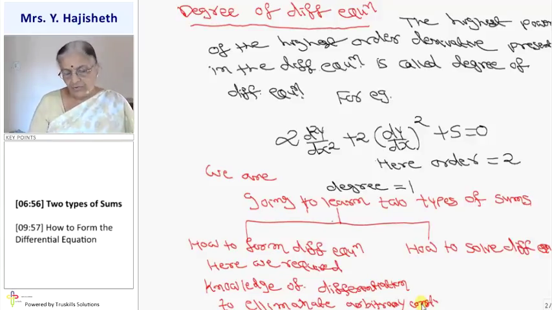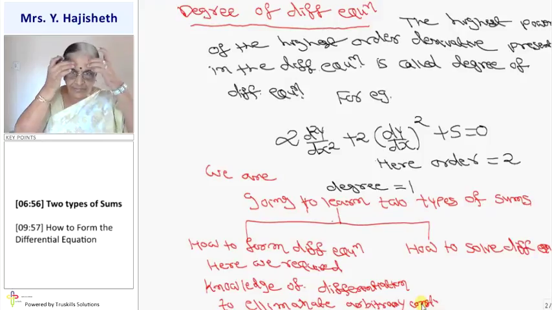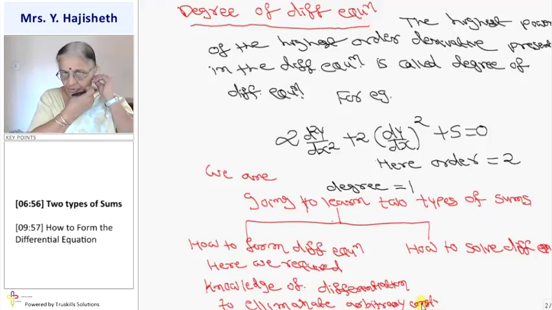Suppose only one arbitrary constant is given in the solution, we have to differentiate once to eliminate it. If there are two arbitrary constants present, then we have to differentiate twice to eliminate them.